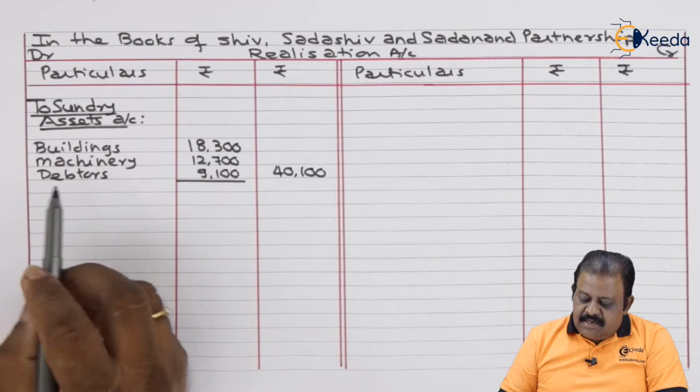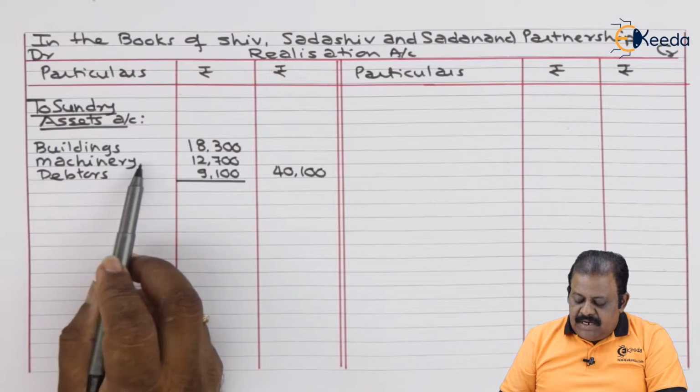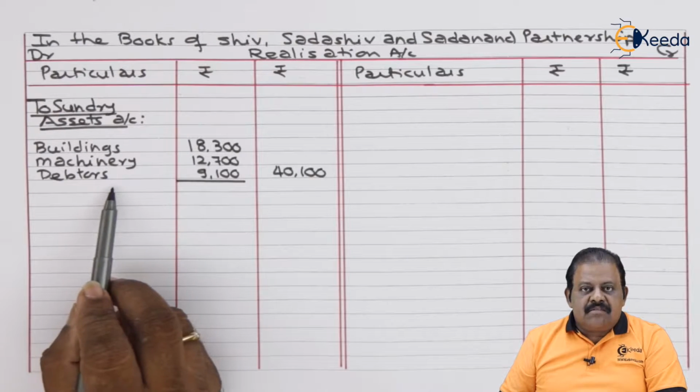Realization account debit side, to sundry assets: building, machinery, debtors.